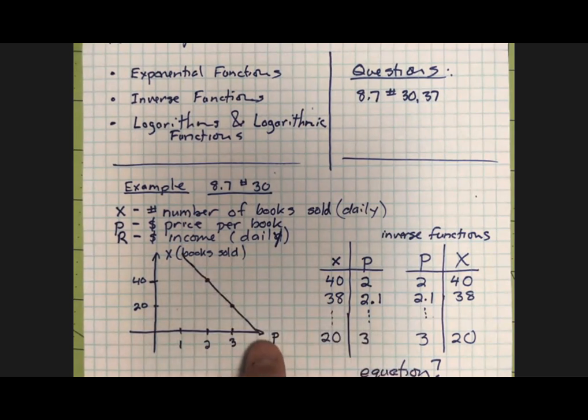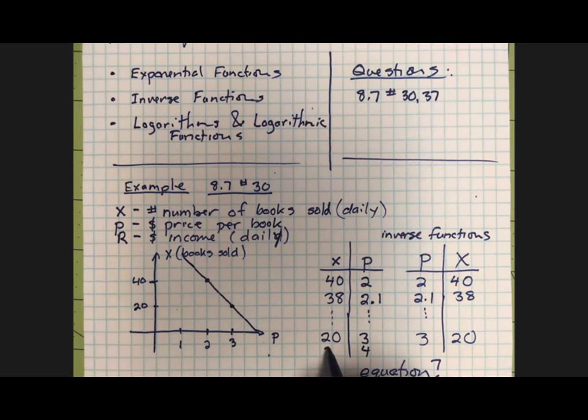Eventually, if she sets the price too high, another $1, she'll lose another 20 books. If she sets her paperbacks at $4, she's expecting possibly she won't sell any books. If she sets it at $5, she'll sell negative 20 books.